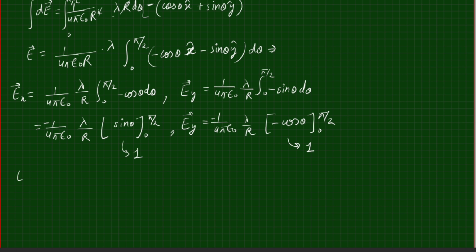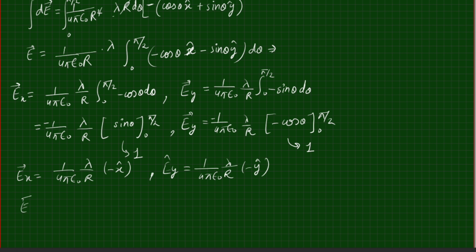So Ex equals 1 over 4 pi epsilon naught lambda over r and negative of x cap. Ey will become 1 over 4 pi epsilon naught lambda over r and negative of y cap.